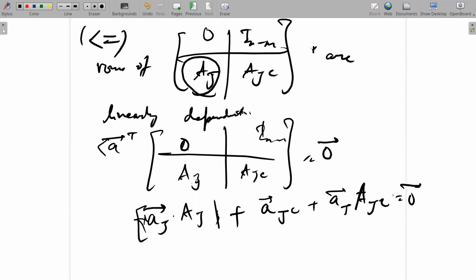Okay. So these rows are linearly dependent.